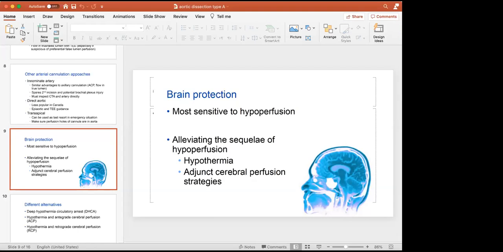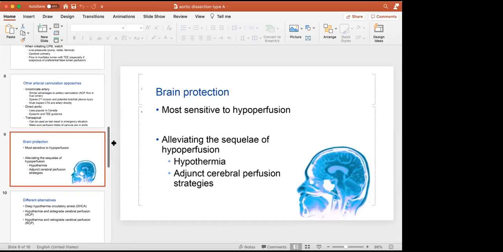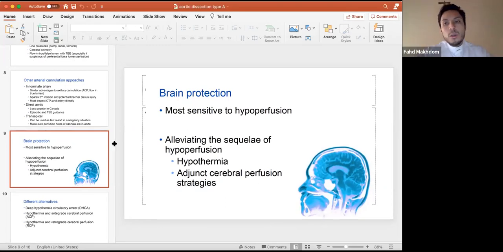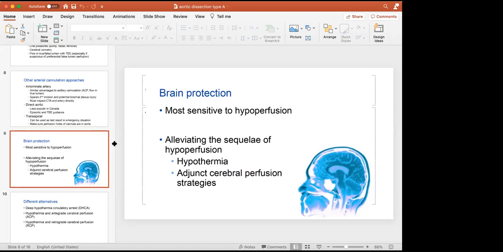Okay, thank you. So, Dr. Fahd, usually when you are doing a Bental in dissection, you will start with the distal anastomosis. Because I'm not clamping the aorta, you have to start with the distal anastomosis, right? Right, that's the only reason.